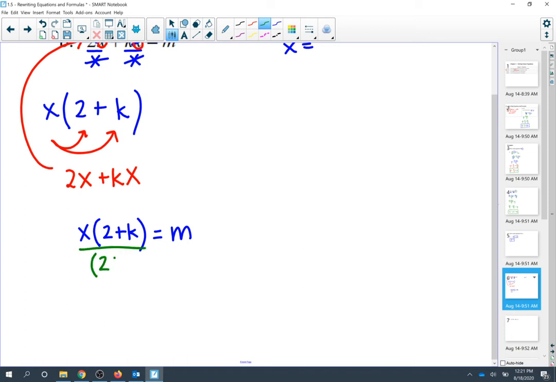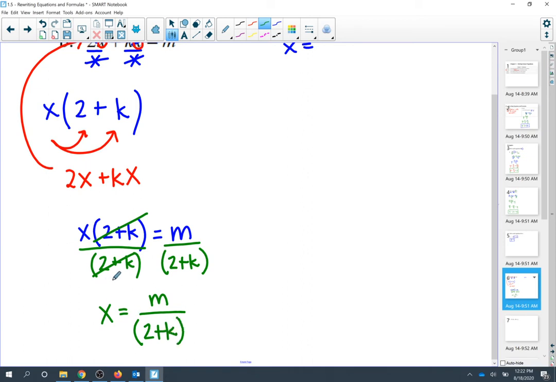So we're going to divide by 2 plus k, which means over here we're going to divide by 2 plus k. This will cancel, which will leave me with x equals m divided by 2 plus k. And on this one, we can't really simplify that any further. We're done.